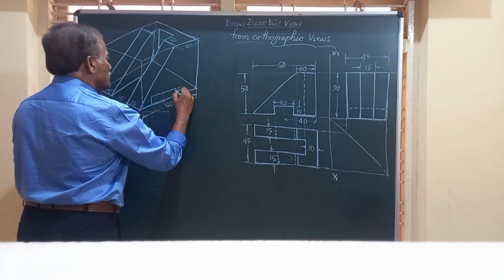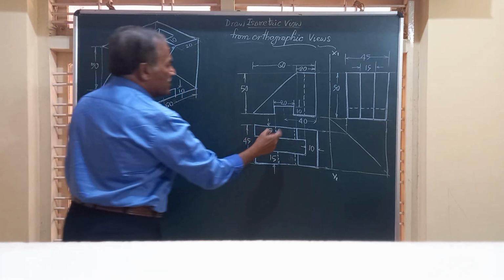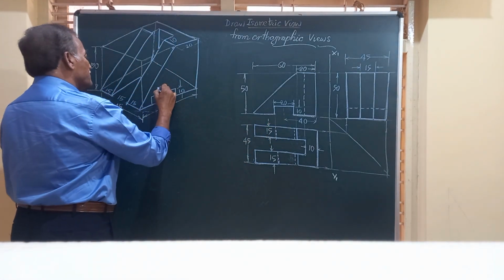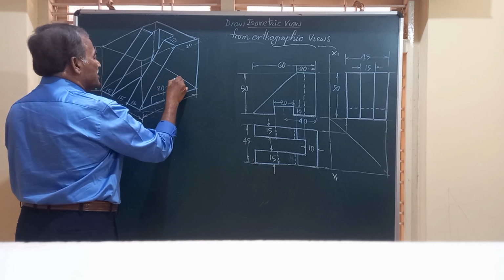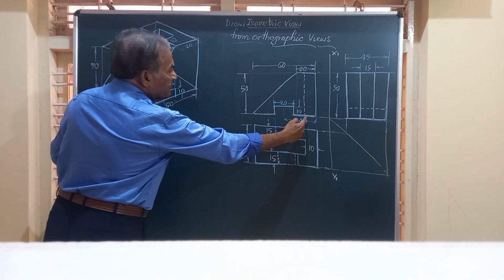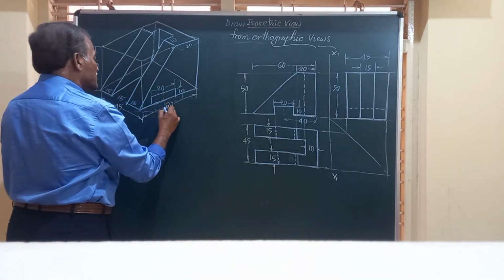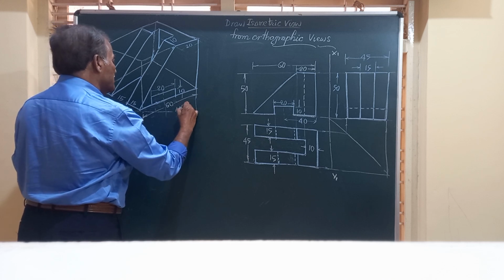So I will show here 10 millimeter height, and this has a width equal to 20. 20 is the width, and this slot exists at a distance of 40 millimeter from the extreme end. So from here to here, this has to be 40 millimeter.